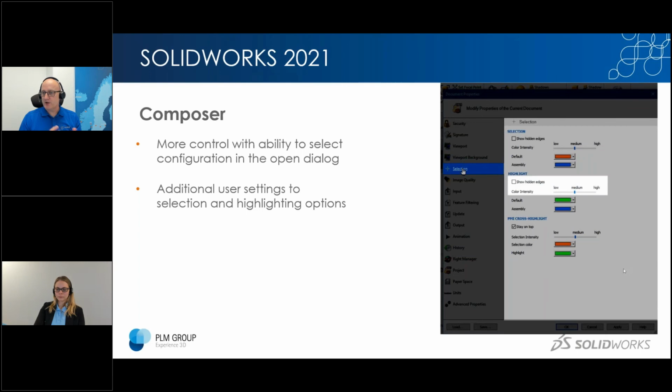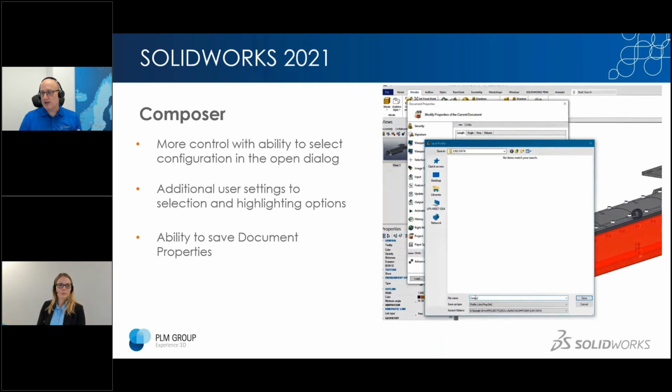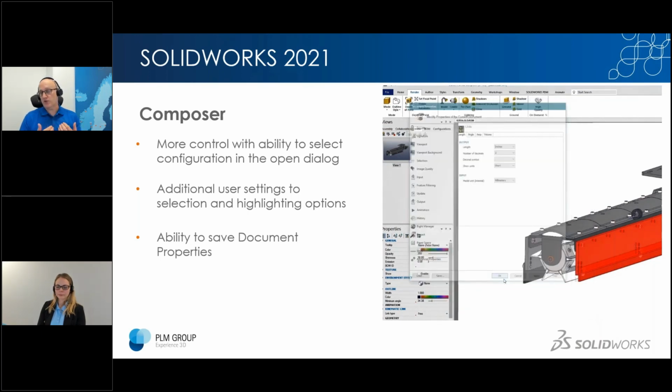Another new thing is that you can now adjust a little bit how you prefer to see selected objects. You have some settings there as well. And the next thing is that you can now save document properties to a file, either properties of the document that you have open or default document properties.